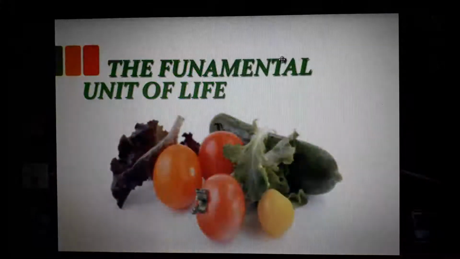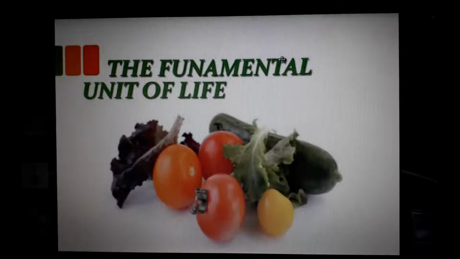So this is the fundamental unit of life, the first chapter of biology. Last class we already discussed what the real fundamental unit of life is. It is called the cell, isn't it? The cell is called the fundamental unit of life. Plant cells are there, animal cells are there.